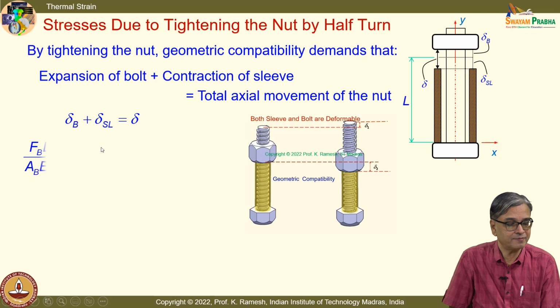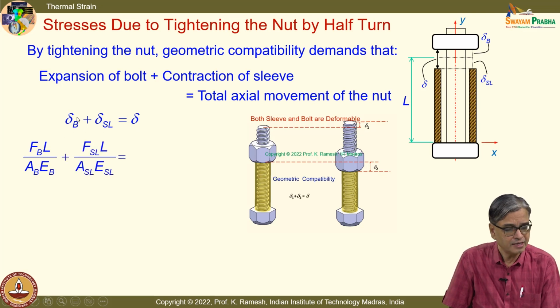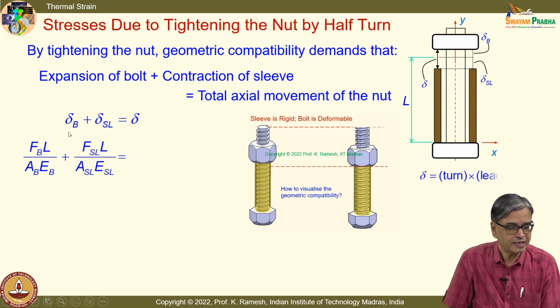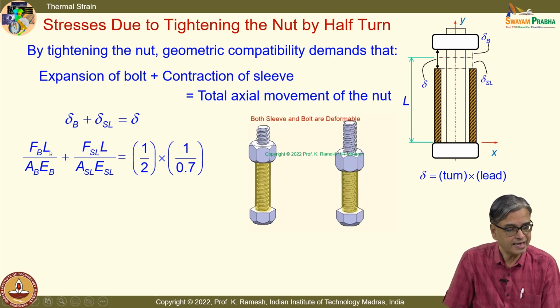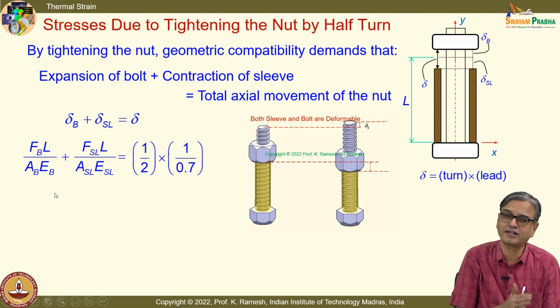So, I have delta B plus delta SL equal to delta, and for an axial load we have learned this as PL by AE, where P is the load, in this case FB is the load, and L is the length shown here, and you have details of the cross section that you can easily find out.